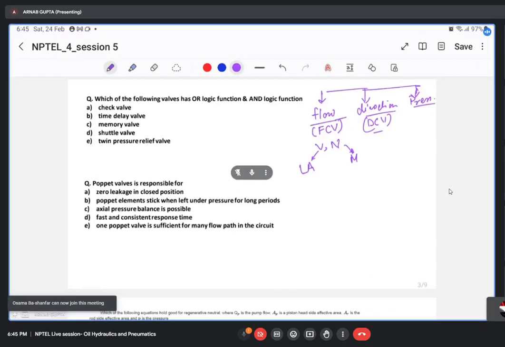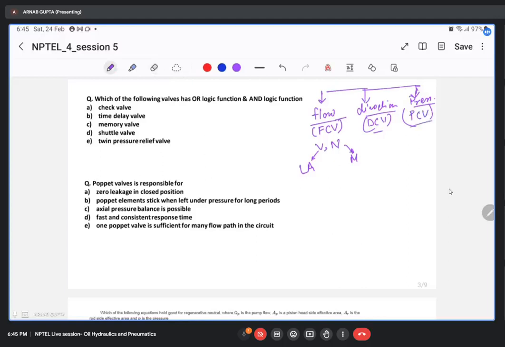So pressure control valves are also one of the most important components. Not PRV, pressure control valve. PRV is one type of pressure control valve. This is used to regulate the pressure, which in turn determines the actuation force or the actuation torque.